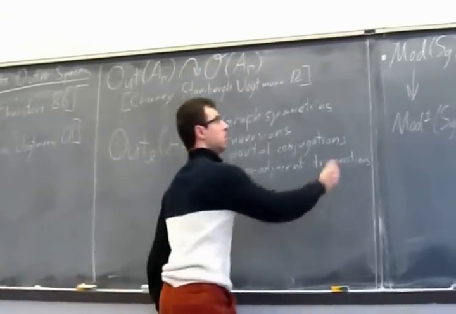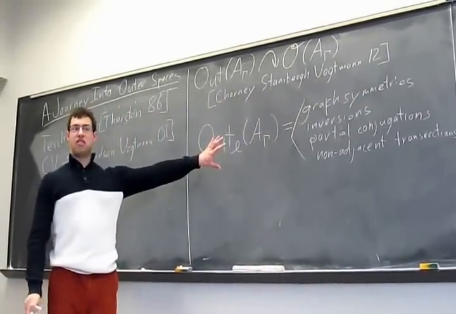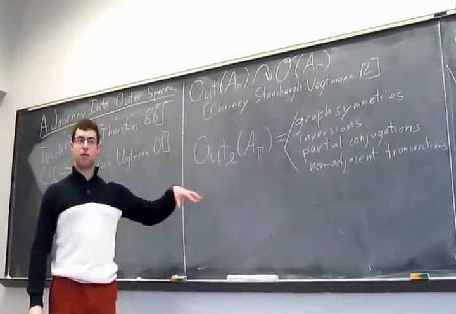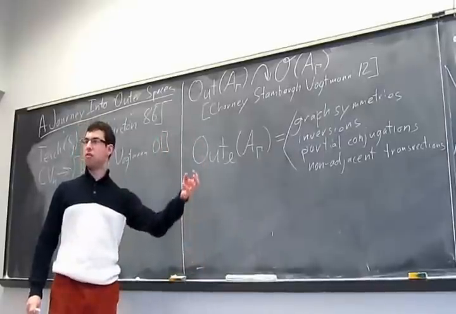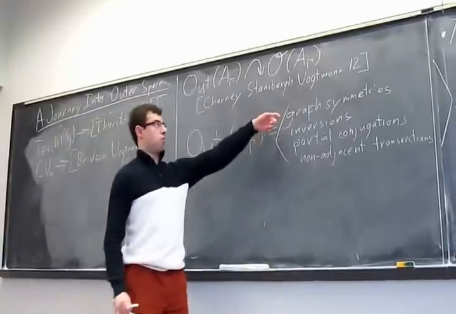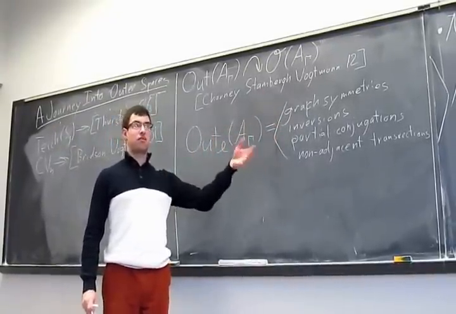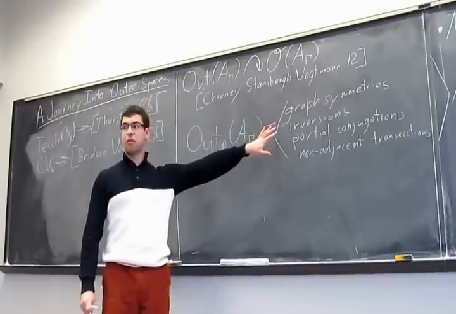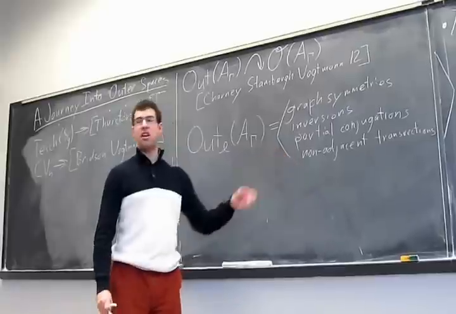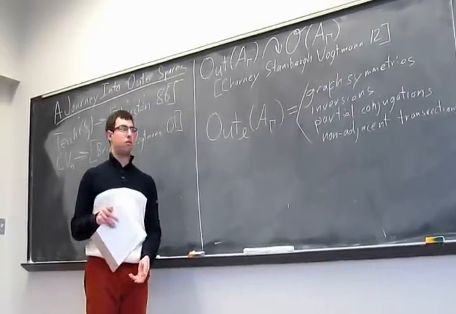Okay, so the nice thing about this is, for the purpose of studying this to get ideas for the case that I'm interested in, right-angled Coxeter groups, this is everything we need already. You know, graph symmetries, great, we're going to have those. Inversions, well, we can just think of that as vertex isomorphisms. Great, we're going to have some of those. Partial conjugations, we said that's the interesting part. And non-adjacent transvections. Well, we don't really care about transvections for the most part.